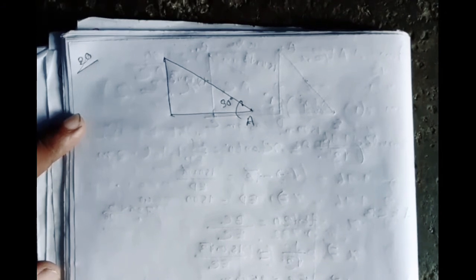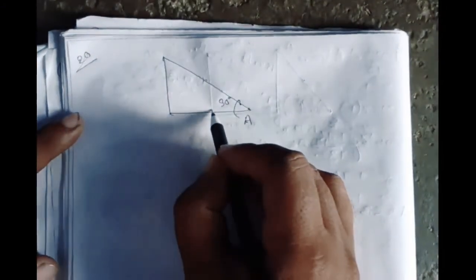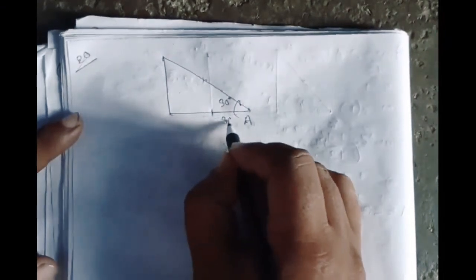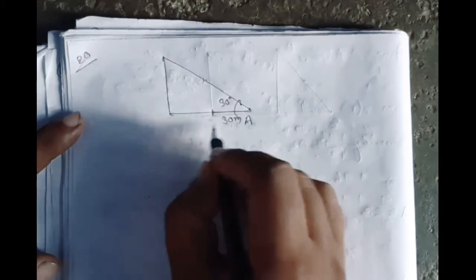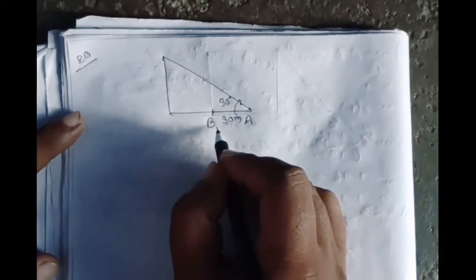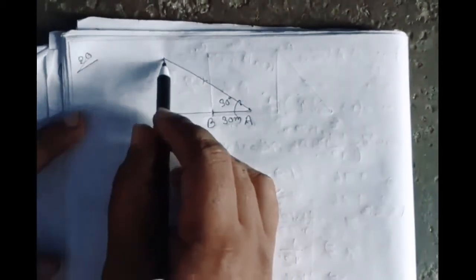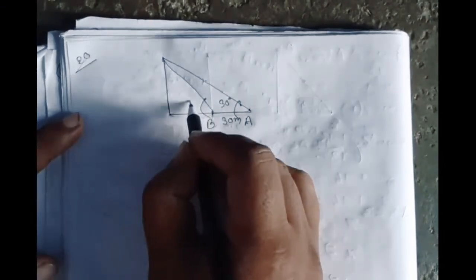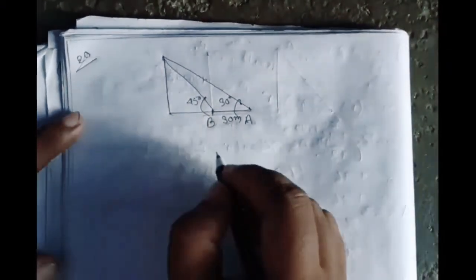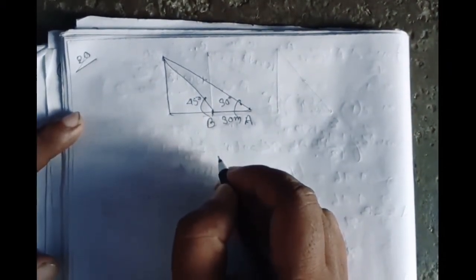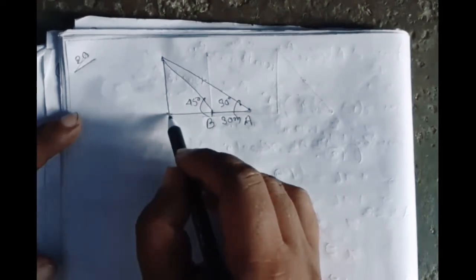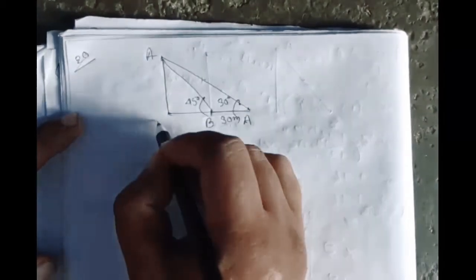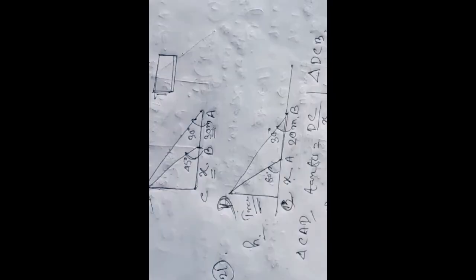On moving a distance 30 meter towards the base to a point B, the angle of elevation changes to 45 degree. This will be 45 degree. Find the height of the building and the distance of its base from point A.